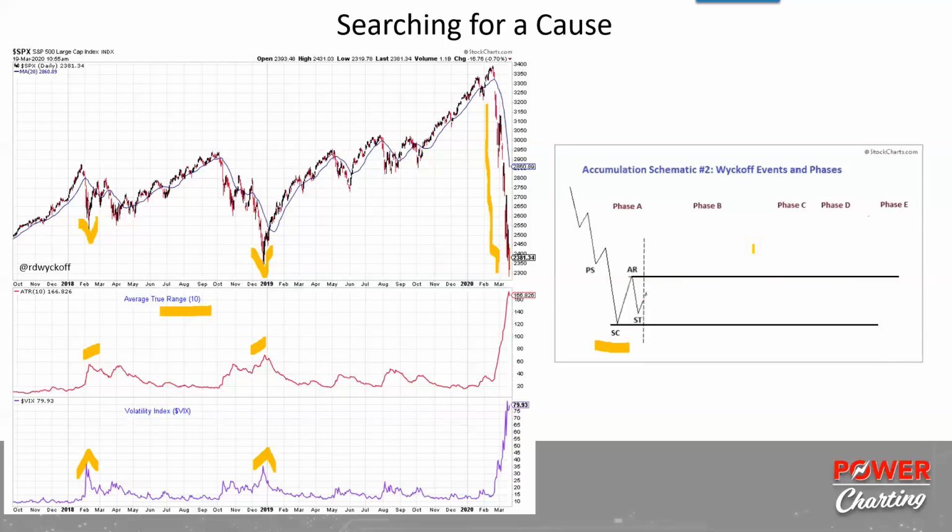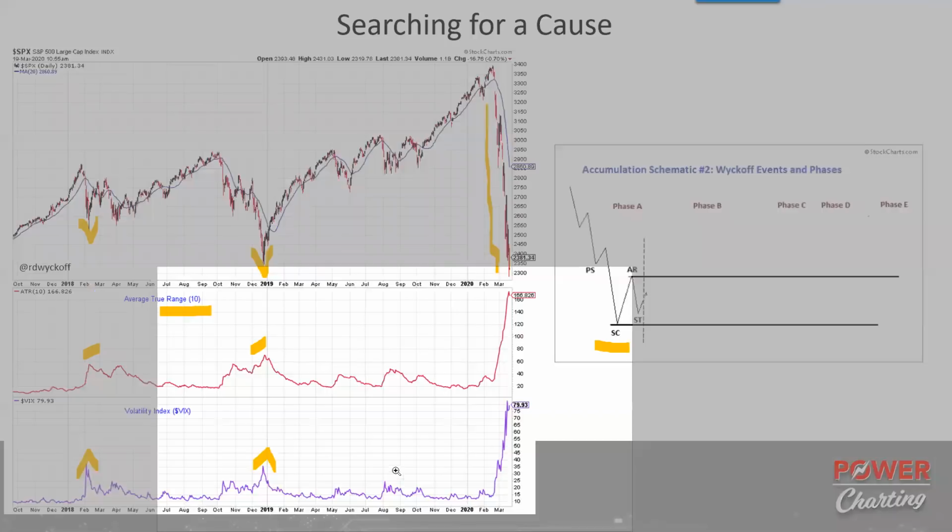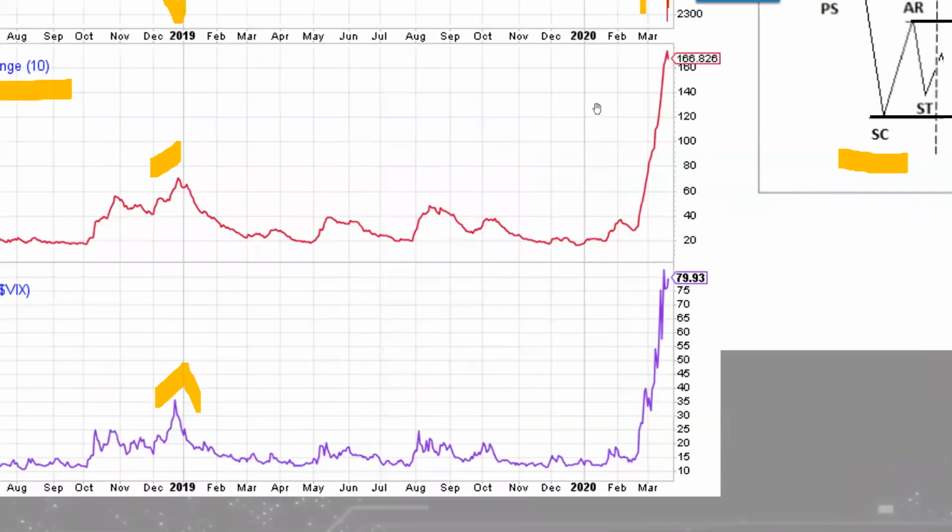As of this moment, we can't really make a judgment. We don't even have these conditions yet. We still are in the selling climax mode. One thing I want to show you, let's go back and blow this up again, is that the average true range continues to accelerate, meaning that volatility continues to become greater and greater.